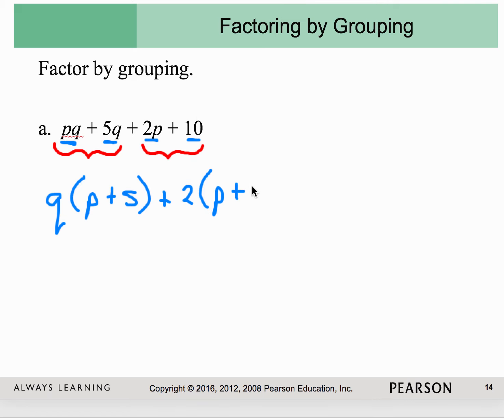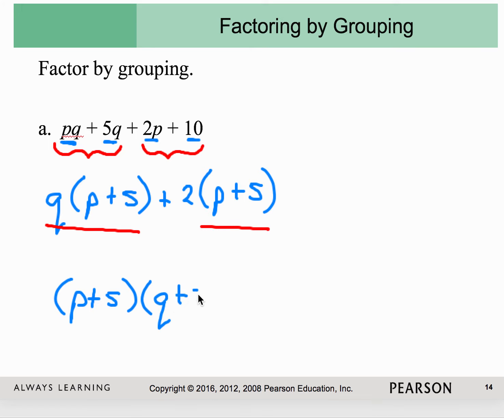And there's a plus sign, a 5. Hey, look, this is where we just were, right? We said here's 2 terms. What do they have in common? They both have that P plus 5. And what's left if you factor out the P plus 5? Then there's the Q plus 2.